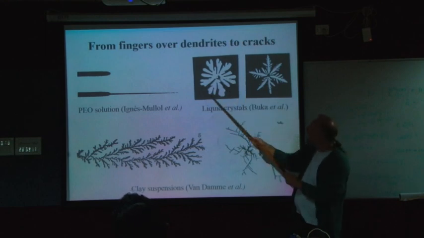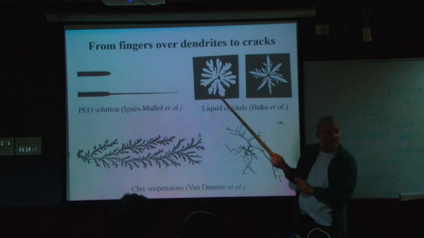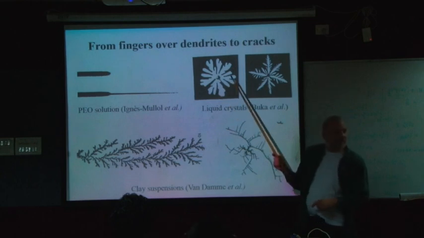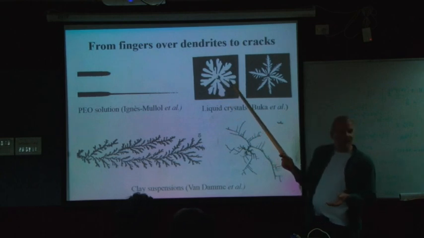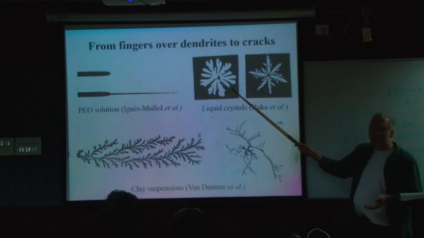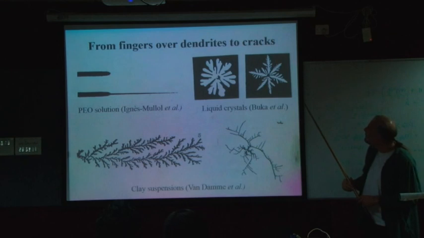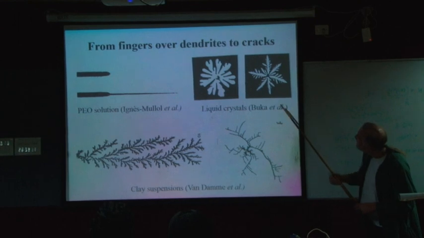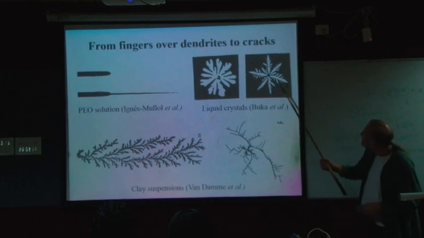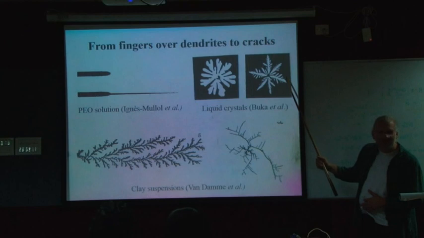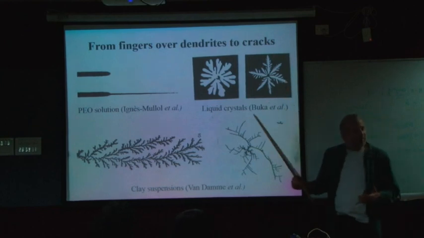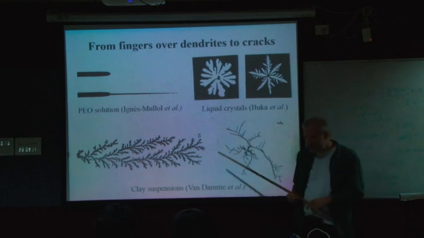So here you have a fingering pattern that is radial, and this is done in a liquid crystal. If you bring this liquid crystal through the phase transition from isotropic to nematic, you can get such a pattern. And if you look, oh no, I didn't choose the right one. Because this one has 6 main branches, but you can have examples where this has 7 main branches, which of course would be impossible with a crystalline material.